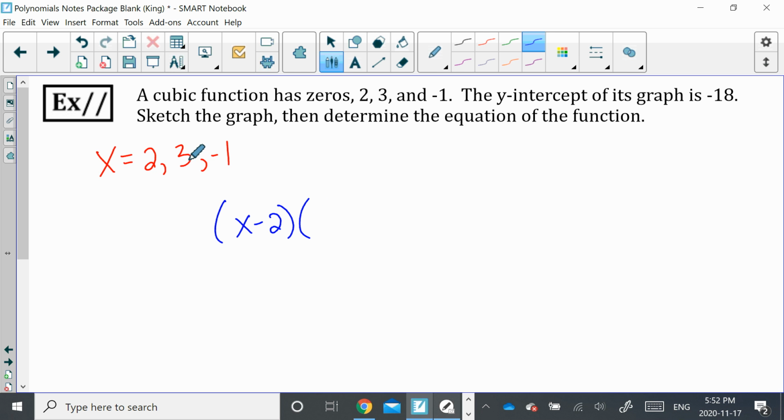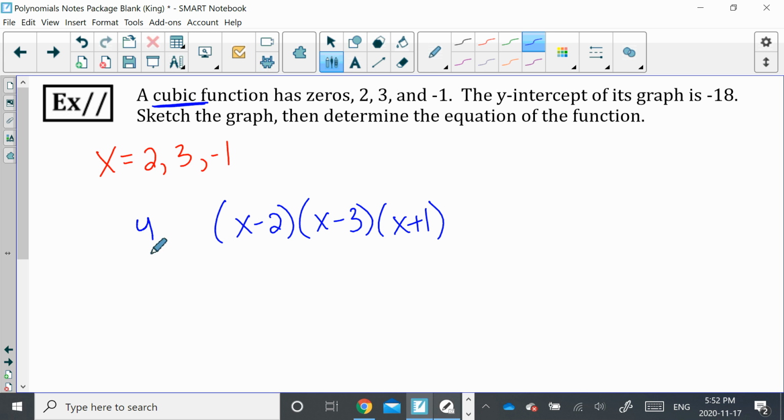In order to get a 0 of 3, my factor would be x minus 3. In order to get a 0 of -1, my factor would be x plus 1. I don't need to figure out the multiplicities of any of these because right now I've got ones here. 1 plus 1 plus 1 is 3, and it tells me it's a cubic function. So all of these have a multiplicity of 1, okay?